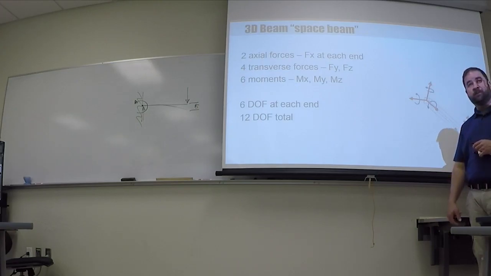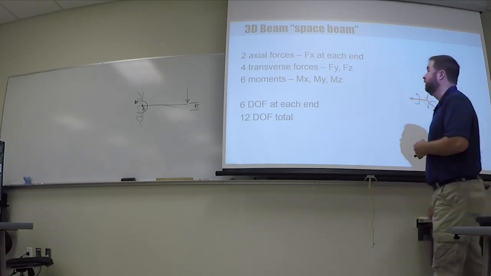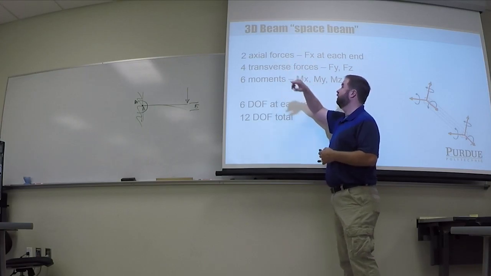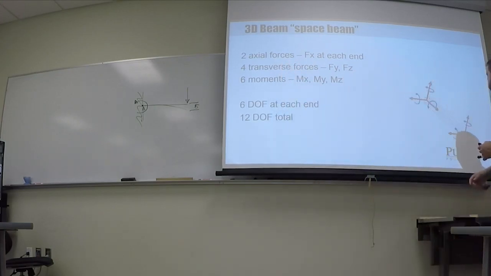Okay, so this previous matrix that we just looked at was two-dimensional only. If I'm going to do the Kennedy bridge, I really need a three-dimensional element. So that adds additional degrees of freedom. We still have the two axial forces. We need to have four transverse forces. So here is an element in 3 dimensions. This is the axial force, the red one.